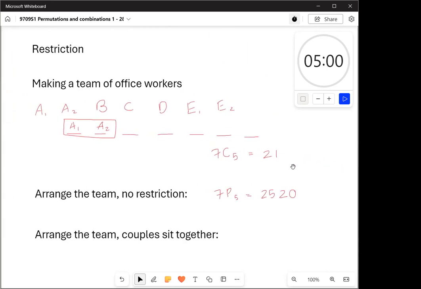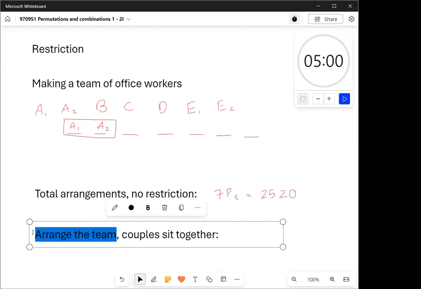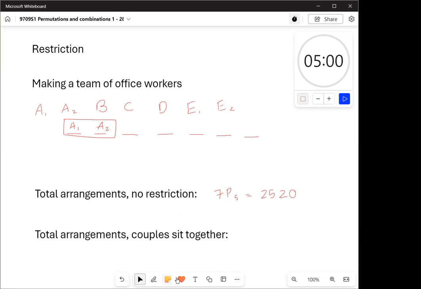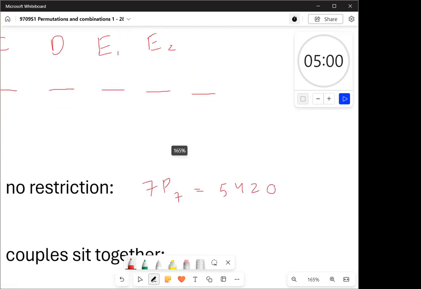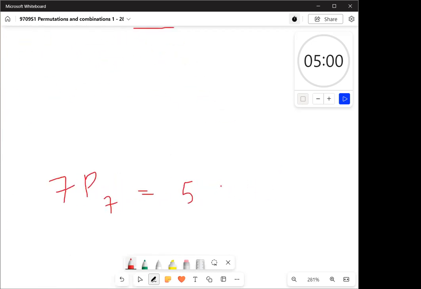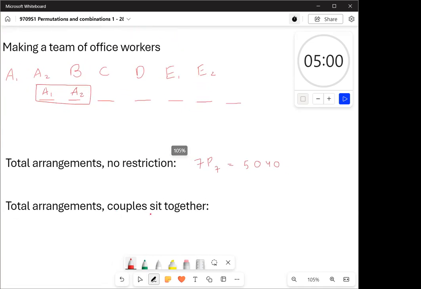Find the total arrangements again. So 7P7, it's 5040. Okay, 5040.